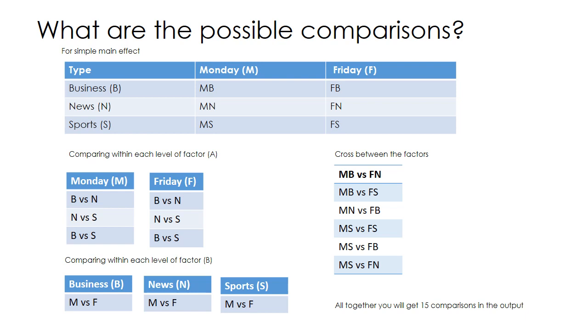But what the software also gives you is the cross between the factors. So you can also compare the number of inquiries after the Monday business program and the Friday news program. Remember, Monday business and Friday business you already compared, under the business program. But you can also compare between Monday business and Friday news.